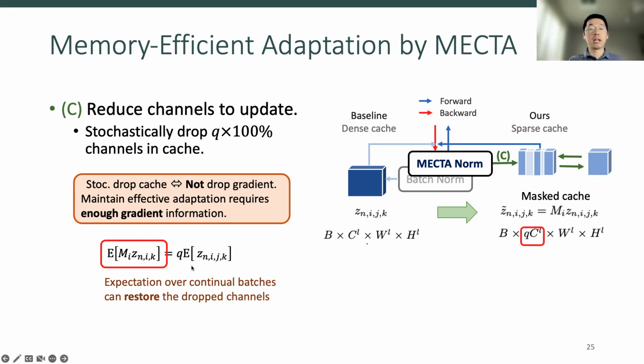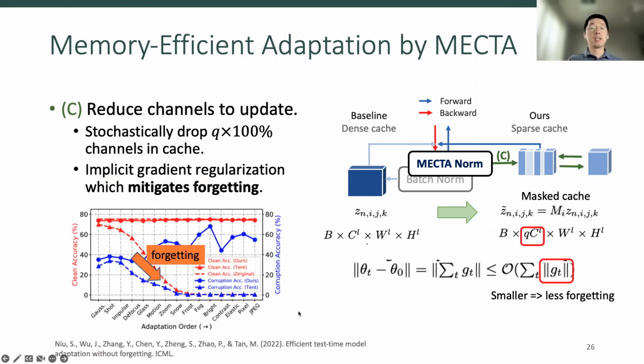We notice that this expectation can be restored to the original cache if you have enough batches. So this is a good idea: stochastically dropping some channels may drop some gradients in one batch, but it will finally recover the gradient after several batches. The benefit is that we can also reduce the memory.